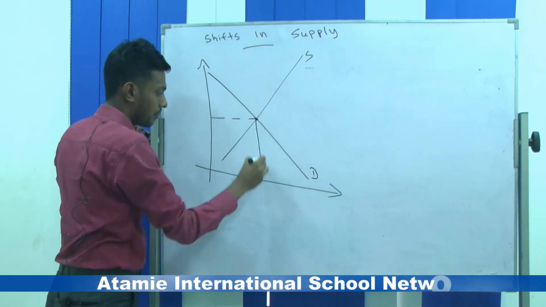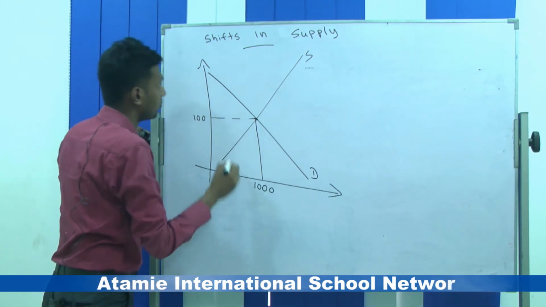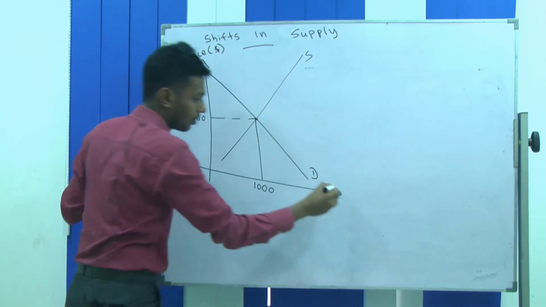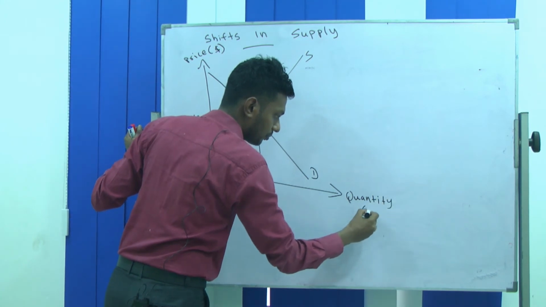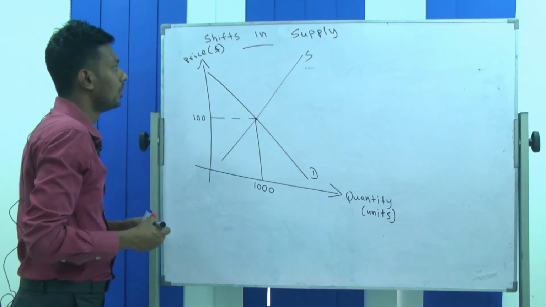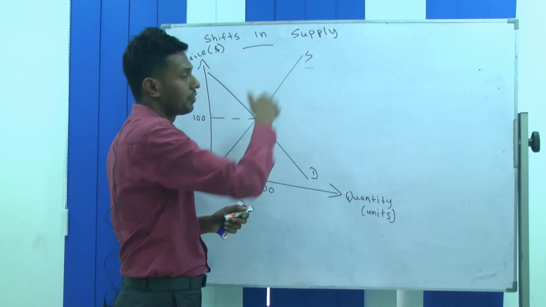Let's take the same price which we took earlier, $100, let's assume, and quantity in units. The product might differ according to the example we take. Now, demand remains constant, a shift in supply.